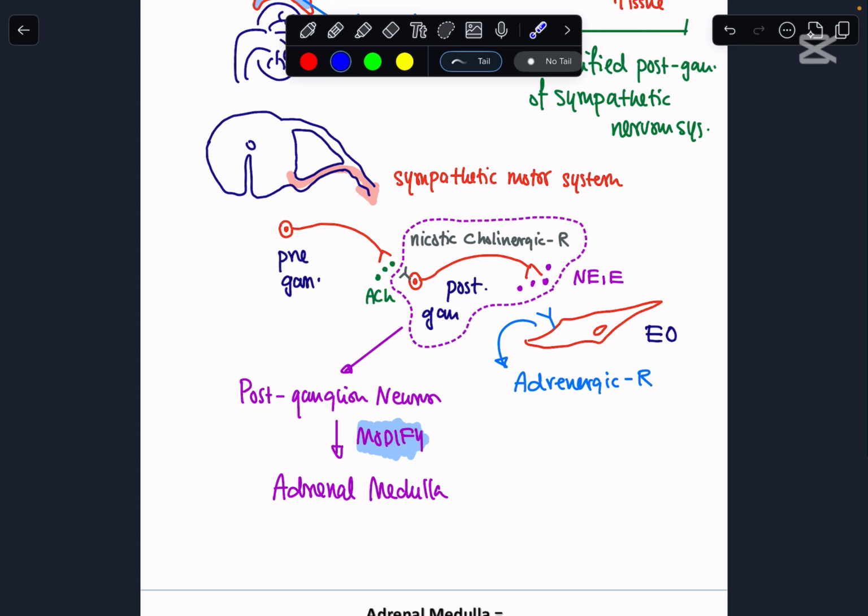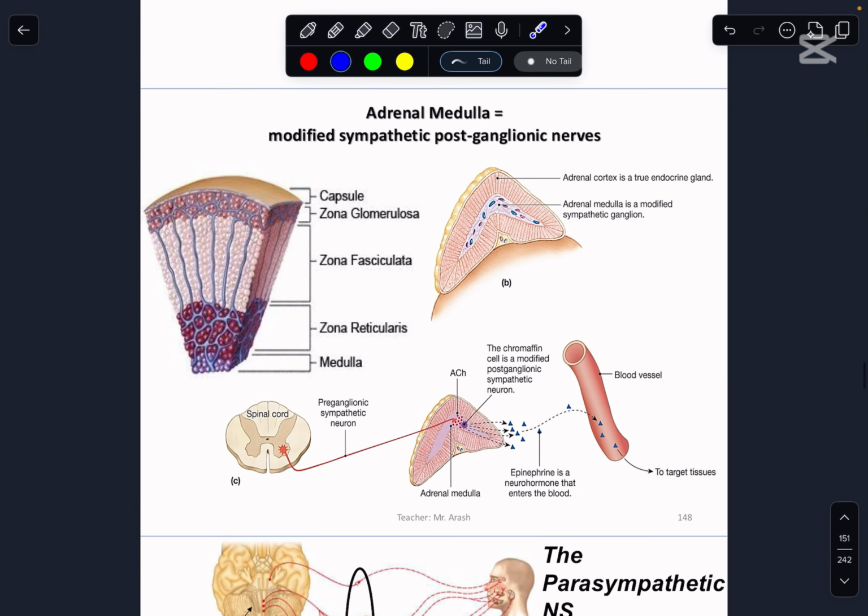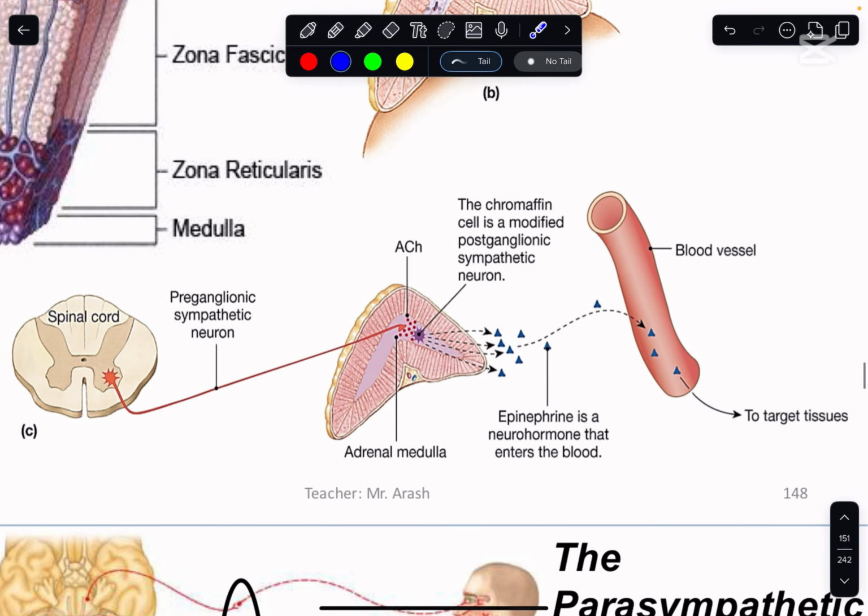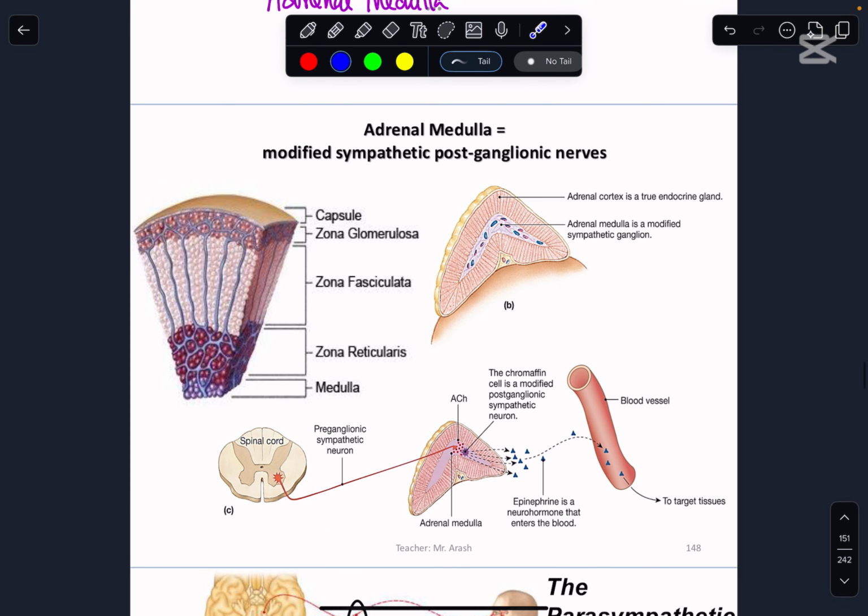So now, hopefully you can see that a bit better here in this picture. So first of all, this is your adrenal gland. You can see that's the medulla in the middle. And on the top, you've got adrenal cortex. This is an endocrine tissue, but this is modified sympathetic postganglion.